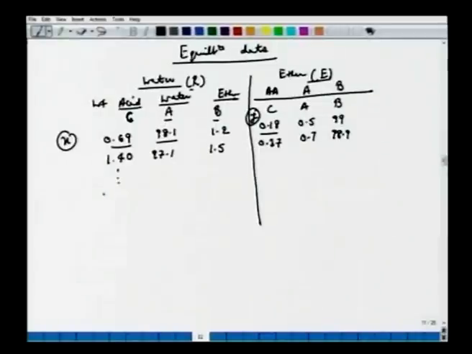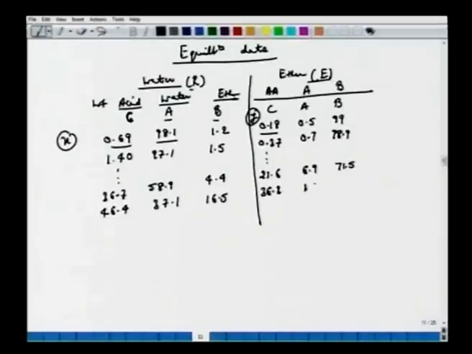Similarly, here we have 36.7, then we have 46.4, 58.9, 4.4, 37.1, we have 16.5, and similarly some more data here which we skip: 21.6, 6.9, 71.5, 36.2, 15.1, 48.7.